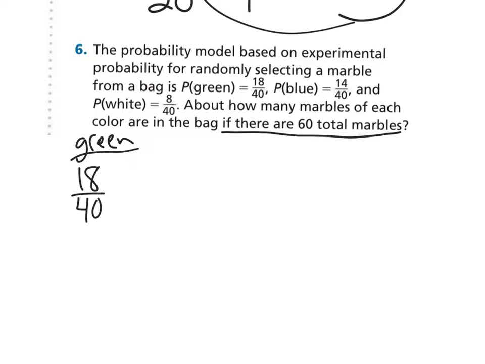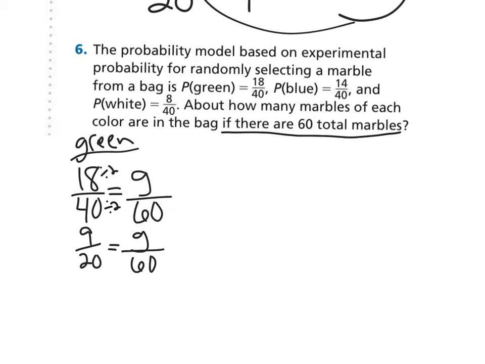We want to figure out a number out of 60, so that sounds like a proportion. For this one, if you tried to work this out, if you didn't have a calculator especially, or even if you did, sometimes if you can reduce the fractions, that'll make things a little bit easier for you. So for that, if you reduce those by 2, then that would end up being 27 green marbles.